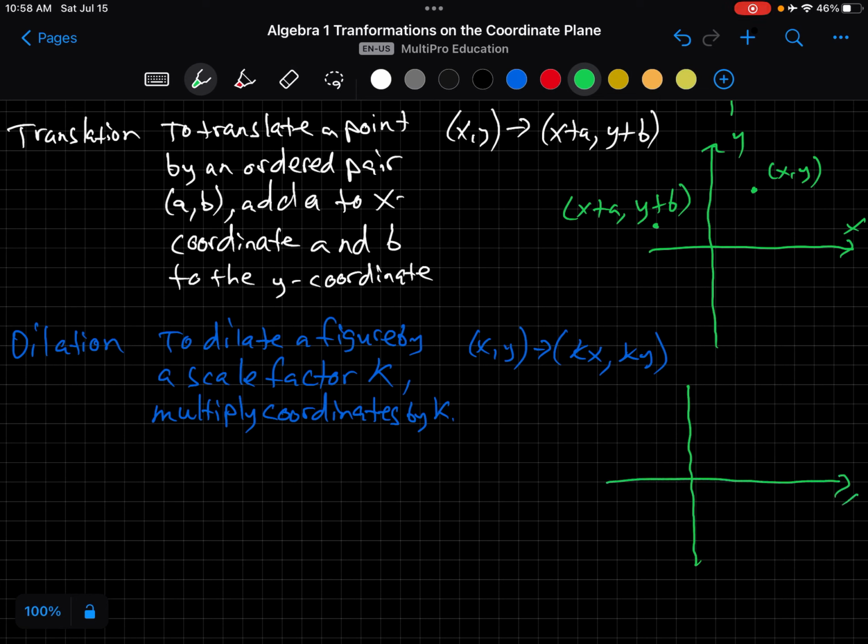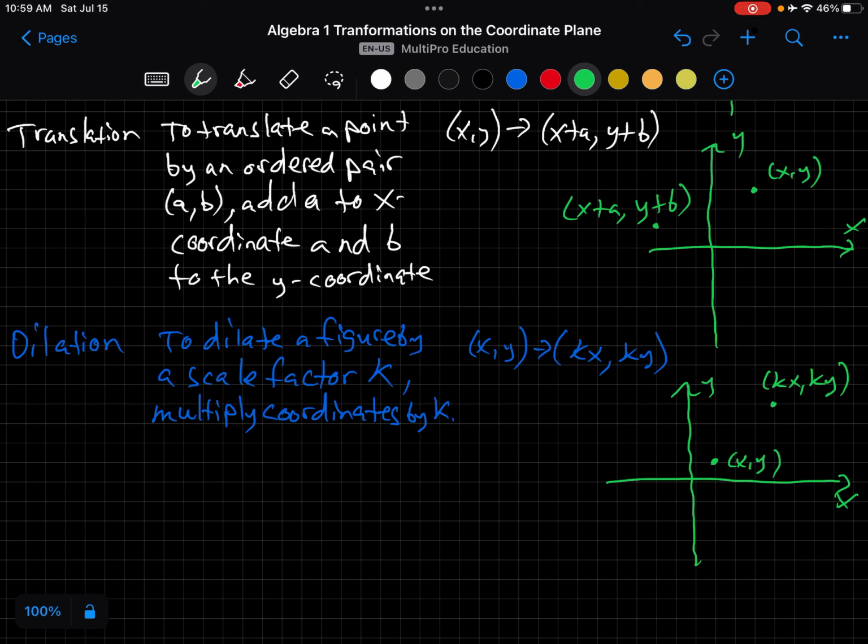Model time. Alright. So let's say that X comma Y is here. So then we multiply by K, it becomes this up here. Let's say that's positive K. Okay.